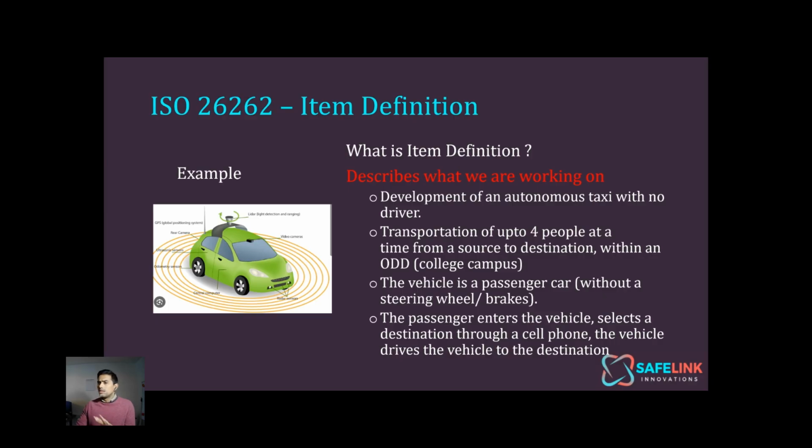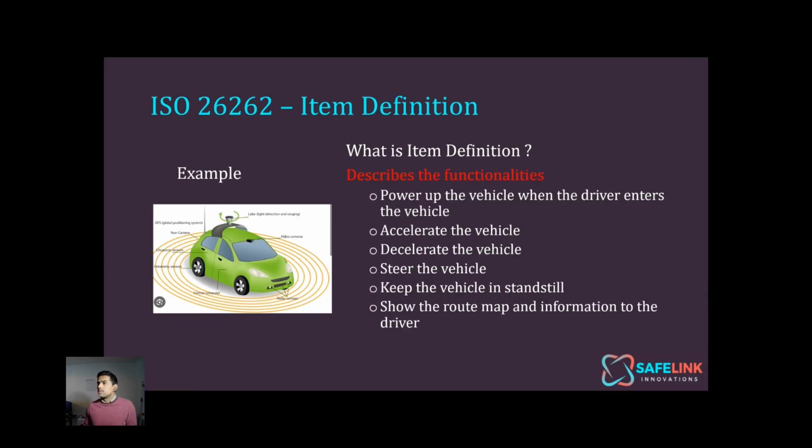For the moment, neglect all the sensors that are here. It's not so important in the item definition. The item definition should then describe the functionalities. In this case, the item is an autonomous taxi. So, what are its functions? Function number one, power up the vehicle when the driver enters the vehicle. Number two, the driver should be able to set a destination.